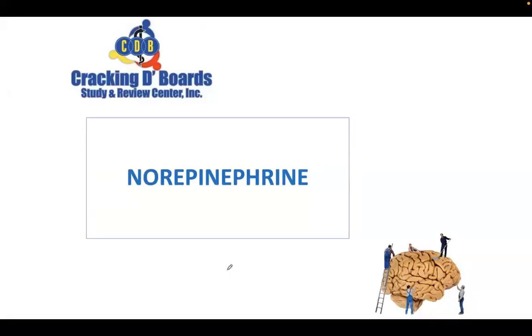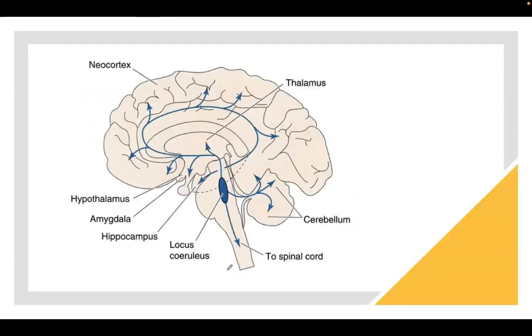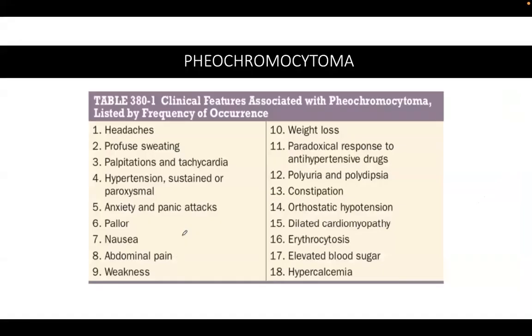Okay, so this is norepinephrine. So here is the locus coeruleus. That is the part of the brain you have to memorize when it comes to norepinephrine.